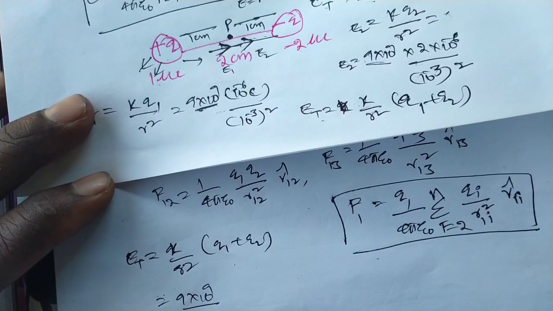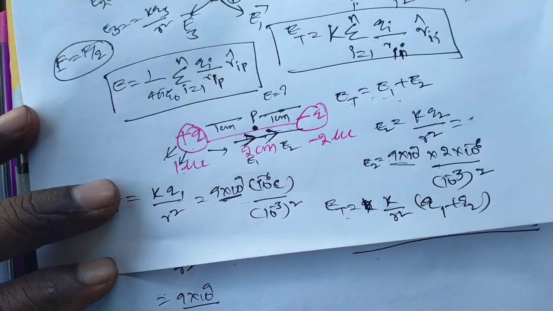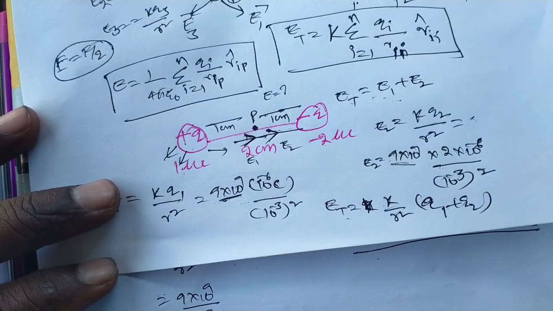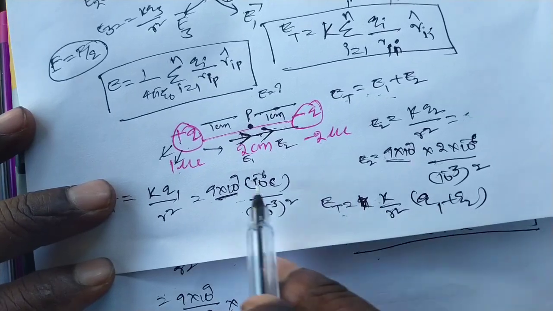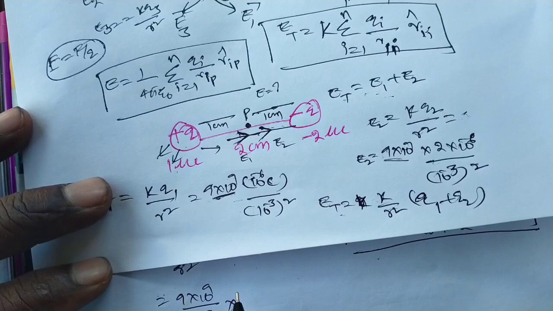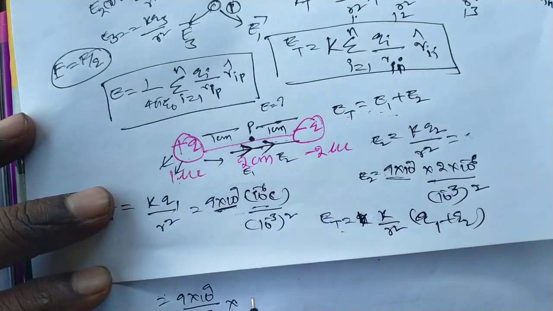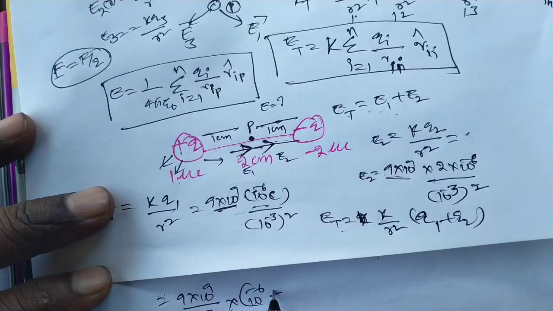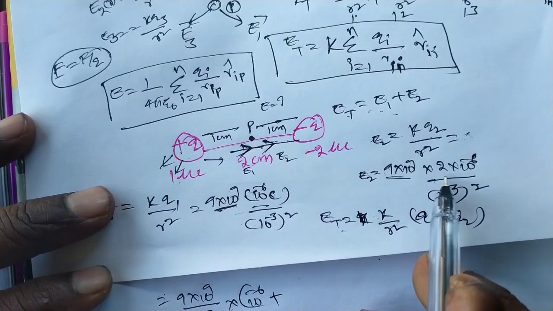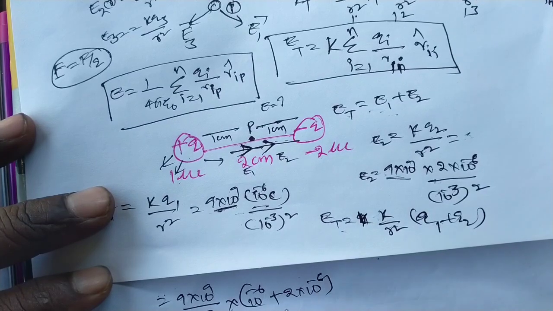R square means 1, so R square is 10 to the power of minus 3 squared. Both charges have the same radius and the same distance. Q1 is 10 to the power of minus 6, plus 2 coulombs, that is 2 into 10 to the power of minus 6.